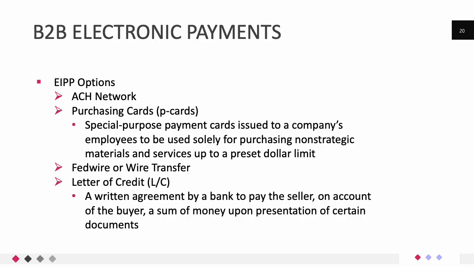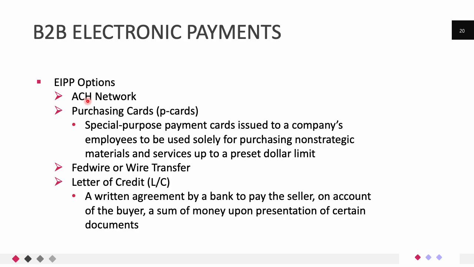Okay, now let's look at the different payment options that businesses can use within this EIPP system. Think of this as the various payment methods, okay, that companies have when they need to pay each other. First up is the ACH network, which we've already talked about. That's the electronic system that processes payments between bank accounts, and it's just like e-checks for business.